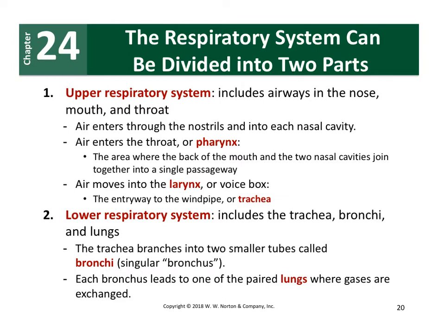The air moves into the larynx, or the voice box, the entryway to the windpipe, or the trachea. Then it enters the lower respiratory system, including the trachea, the bronchi, and the lungs. So, upper: nose, mouth, throat, pharynx, larynx; trachea, lower respiratory.